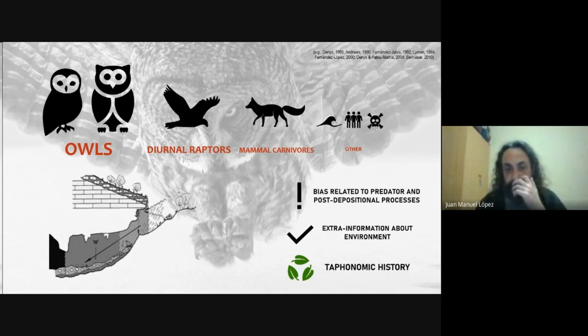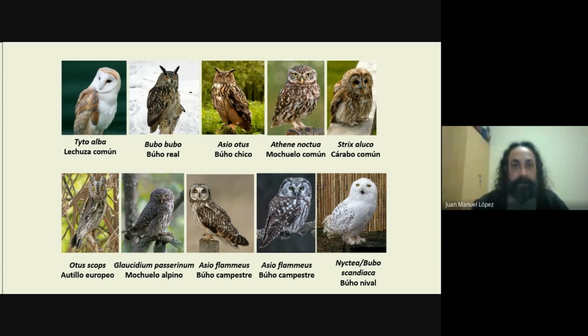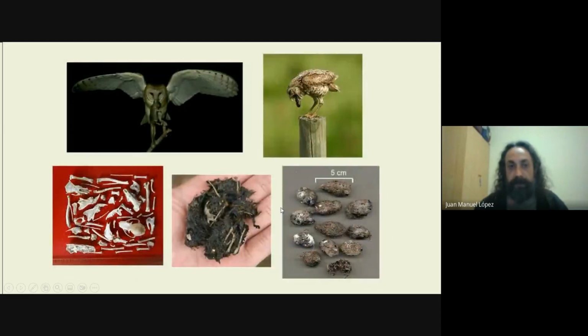It's easy to see. And normally when you find only fragments, it is accumulation by predators. It's a different kind of predators that accumulate small mammals or small vertebrates in caves, like all these diurnal and nocturnal raptors.